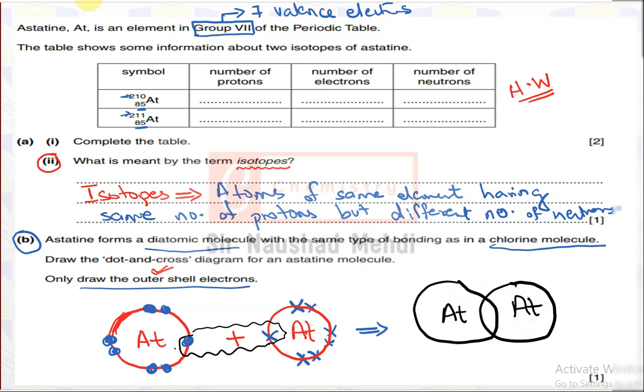After the overlap, you have to show that this dot and this cross are being shared, while the rest of the electrons remain the same. Draw the rest of the electrons as they were. So this is the diagram for the astatine molecule. I hope this is clear to each and every one of you.